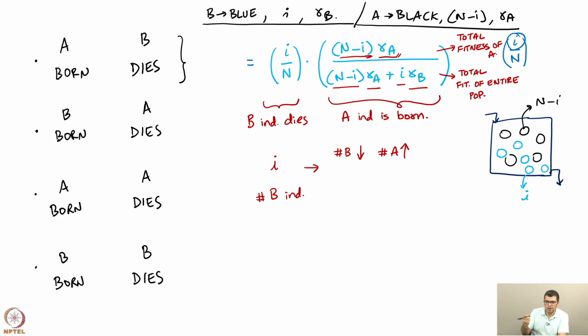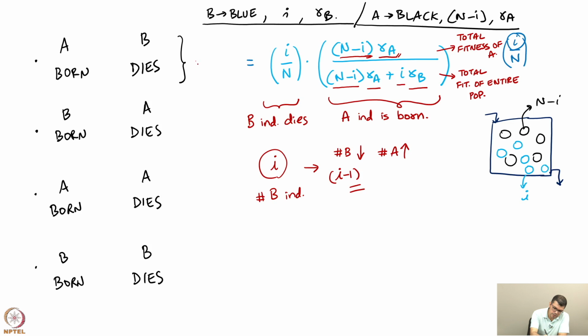So, the system transitioned from state I to I minus 1, where there were I number of B type individuals in the population prior to these two happening. Now, there are only I minus 1 individuals left in the population which are of B type.